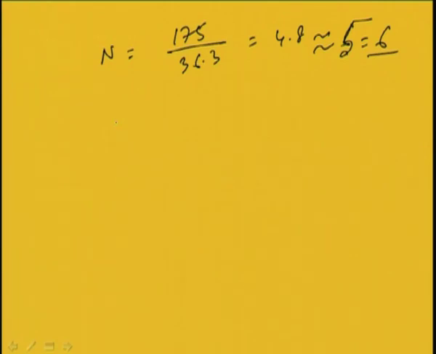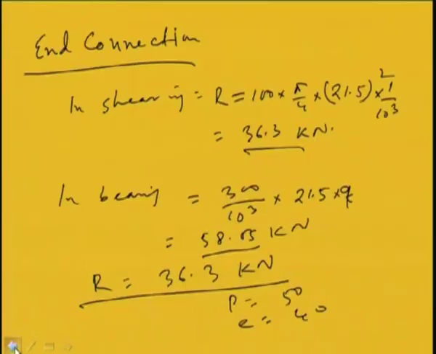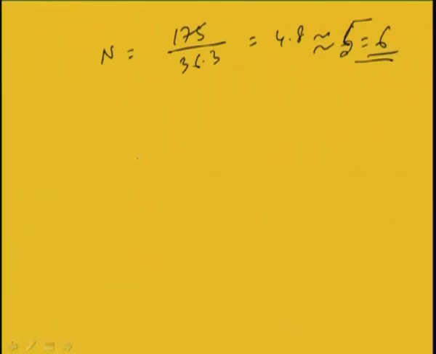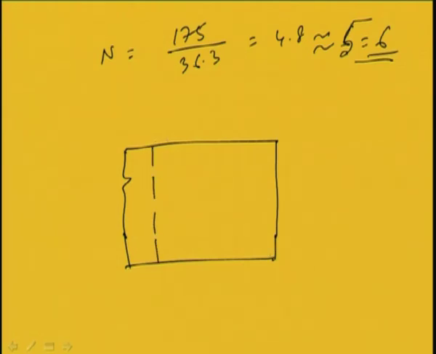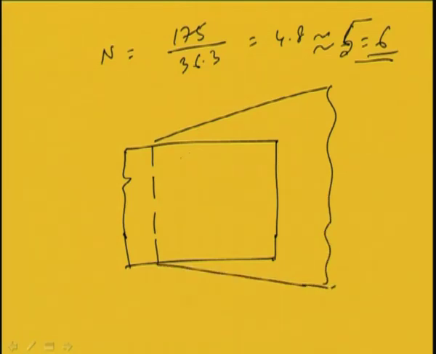So number of rivets are becoming 6. If we now draw, so 6 rivets we are going to use. So we can make it simply as chain riveting.